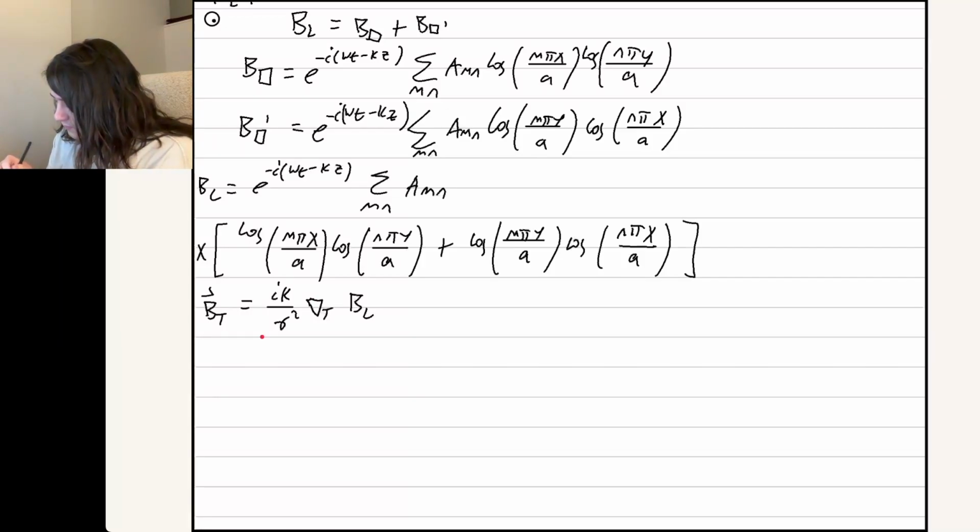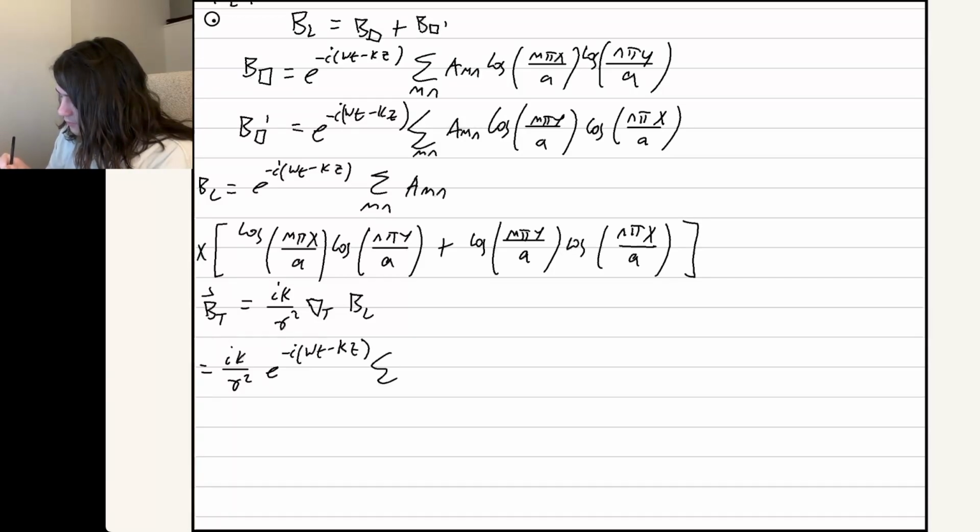So we have equals ik over gamma squared, e to the minus i omega t minus kz, sum over m and n of a_mn, and then we're going to do x components and y components.